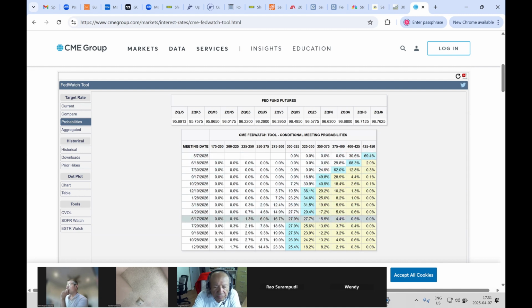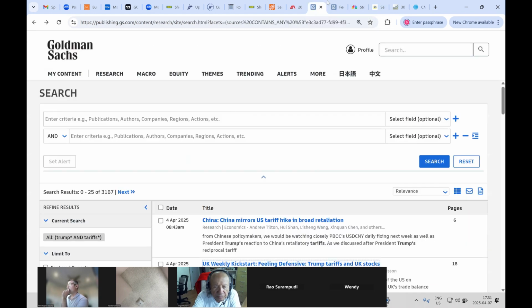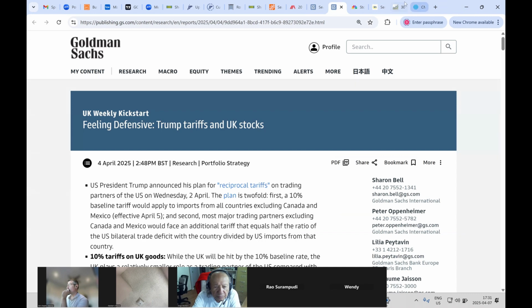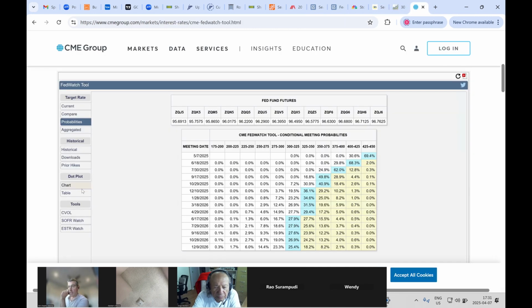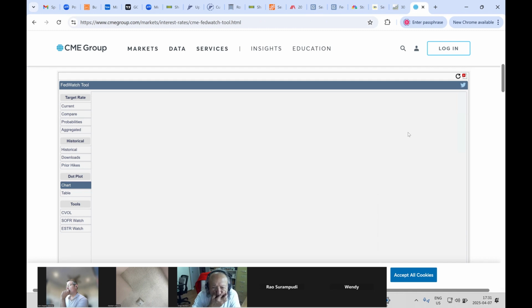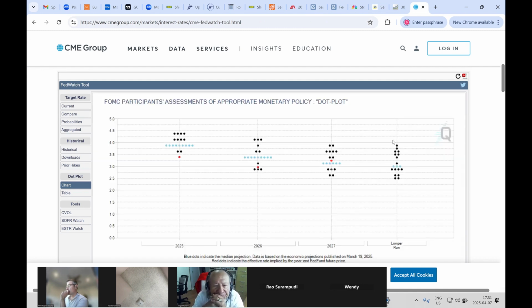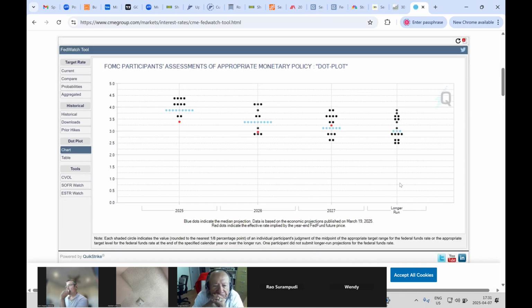The market has been more in the camp of cutting than of hiking, but the Fed at this point isn't really there. And the dot plot, this would be the last dot plot.